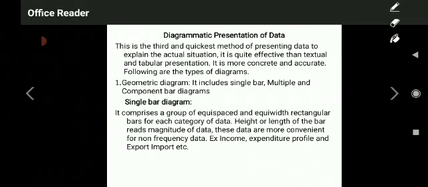So for each category of data, when we present data in a single bar diagram, equispaced and equi-width rectangles must be there. The height or length of the bar reflects the magnitude of the data.